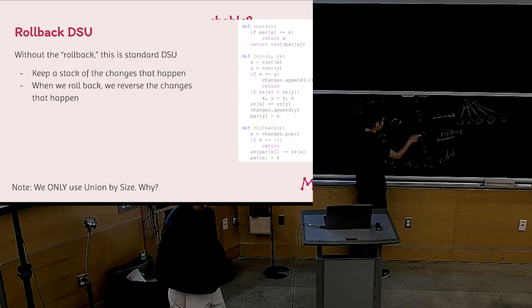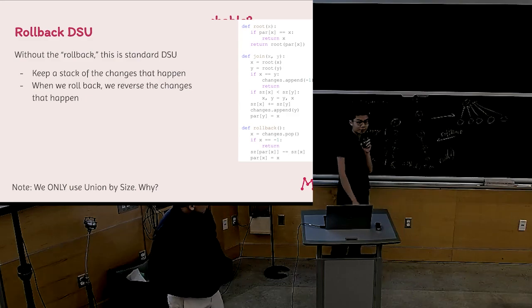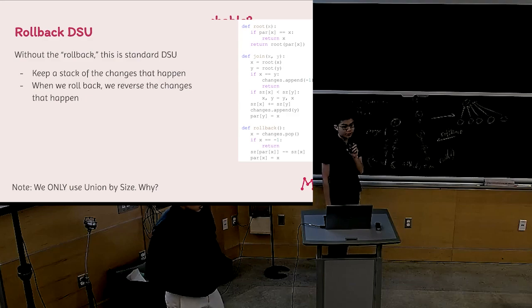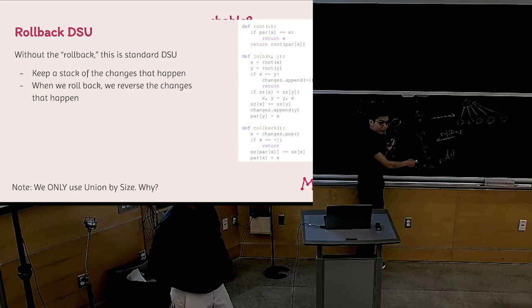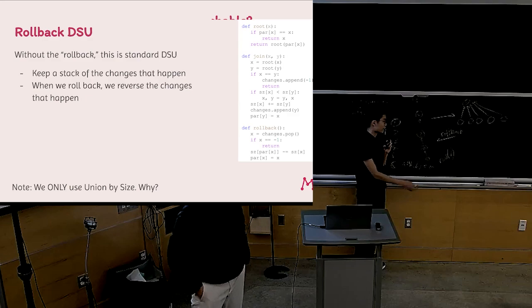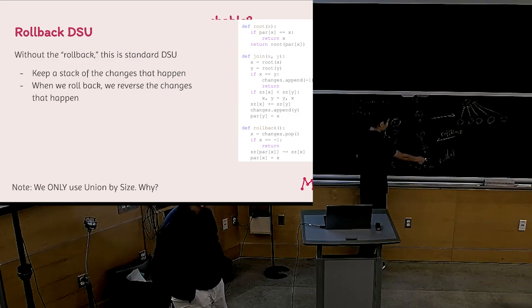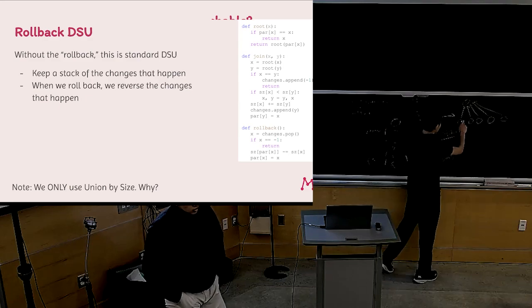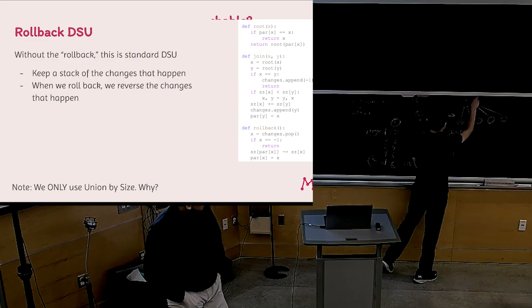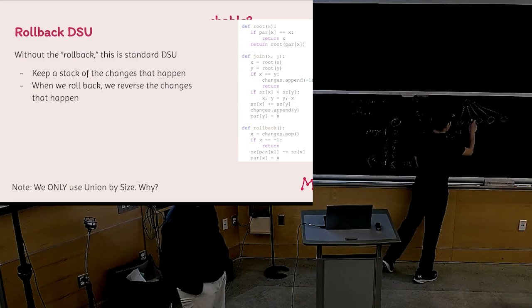Parent of 2 becomes 6, parent of 3 becomes 6, parent of 4 becomes 6. Because we call root on this function, in path compression the parent of each node will become the leader. And you also set the parent of 5 to 6.